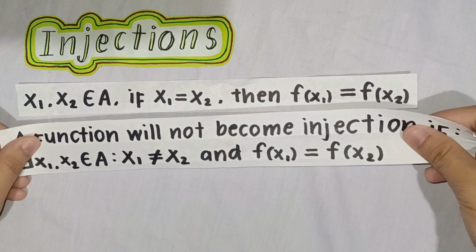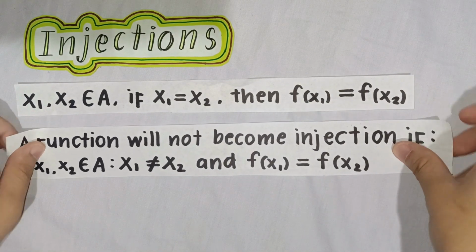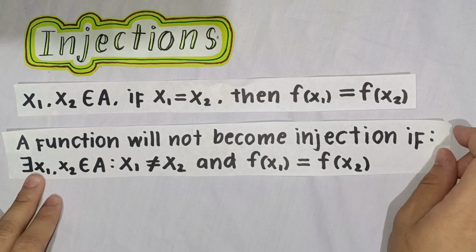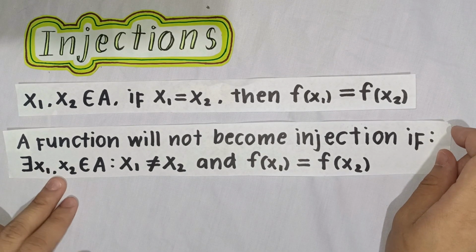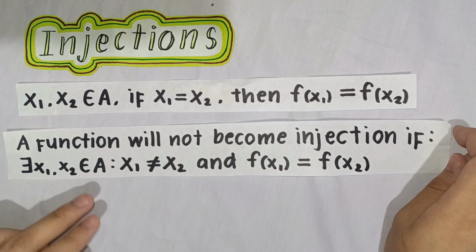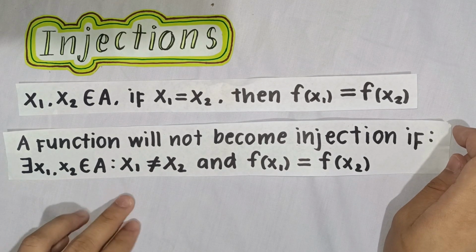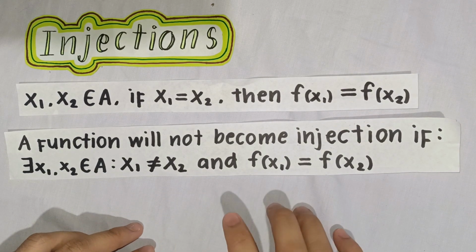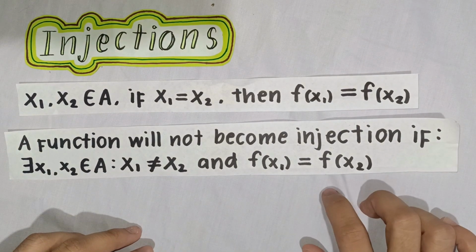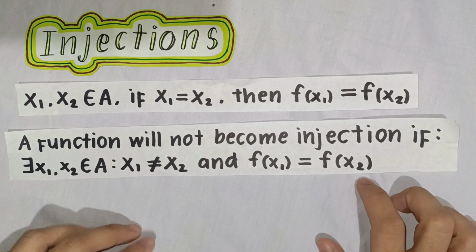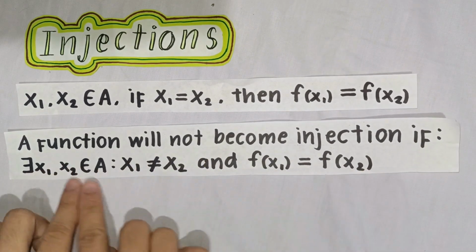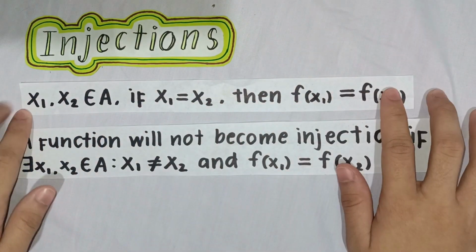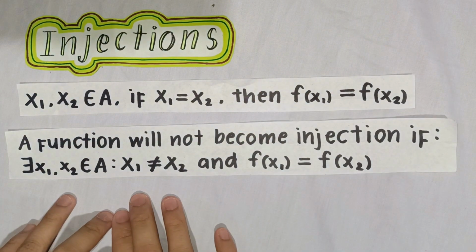A function will not become an injection only if there exist an x1 and x2 in set A such that x1 is not equal to x2 and f(x1) is equal to f(x2). Notice here that it contradicts the idea of injections.